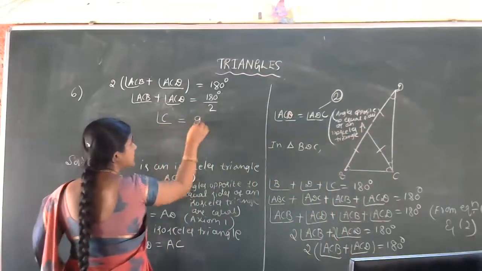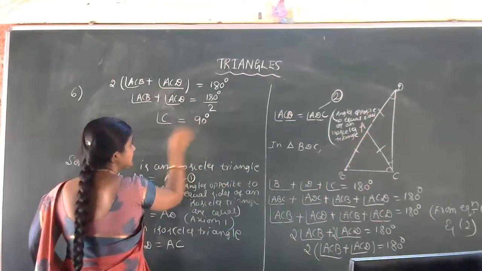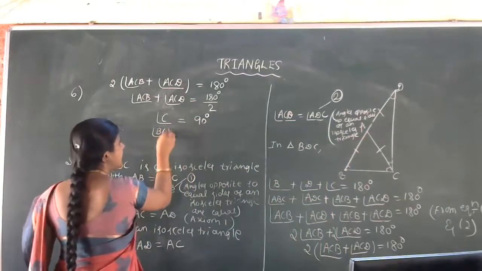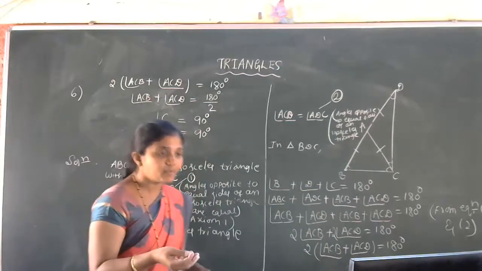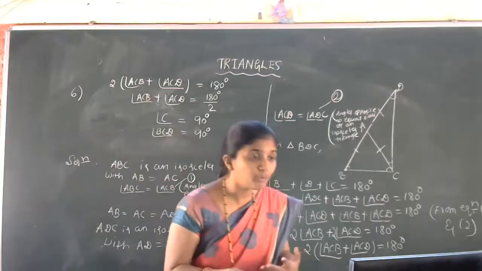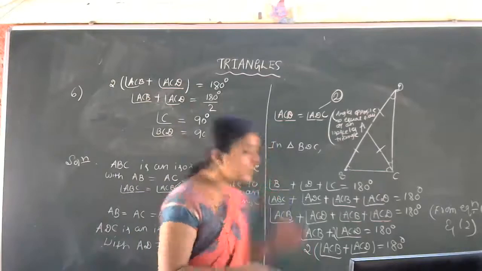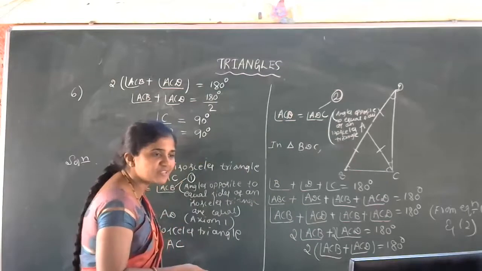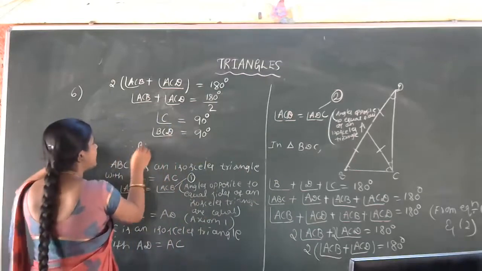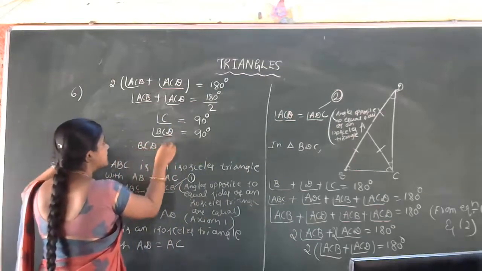So we have to find out angle B measurement and angle C measurement. Oral problem. If this one is 90 degrees and this side is equal to this, can you guess the measurement of B and C? What is the measurement of B and C? Very simple, no students?